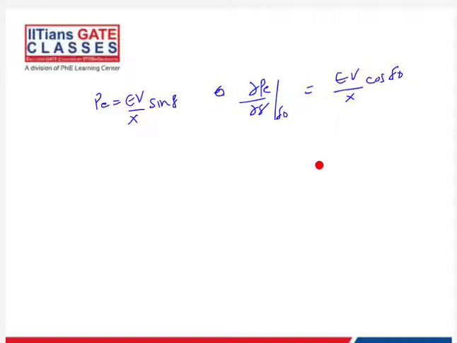If you substitute this as per the question, you will get it as 1.2 into 1 divided by 2.4 into cos of delta 0.